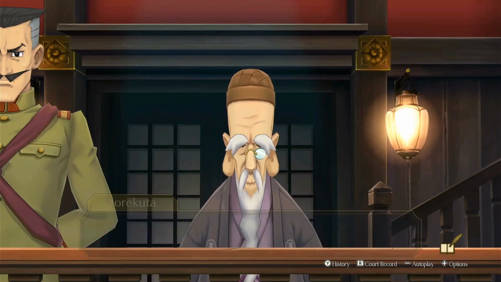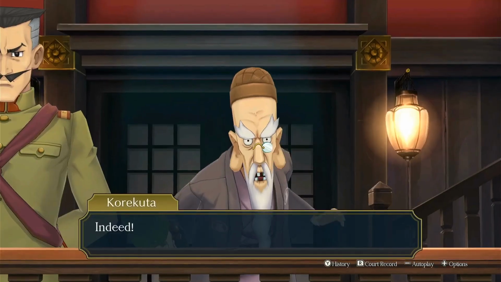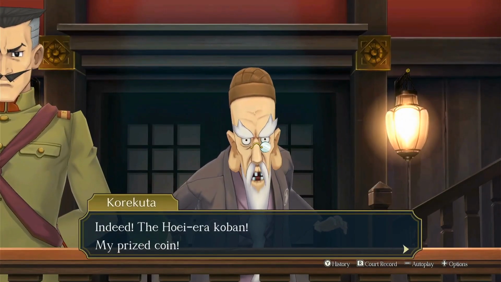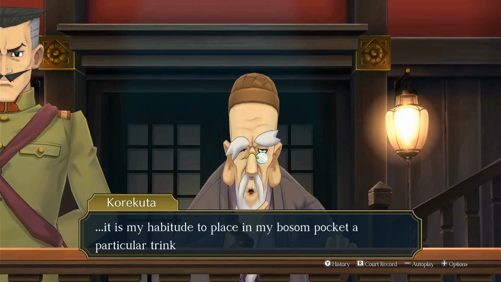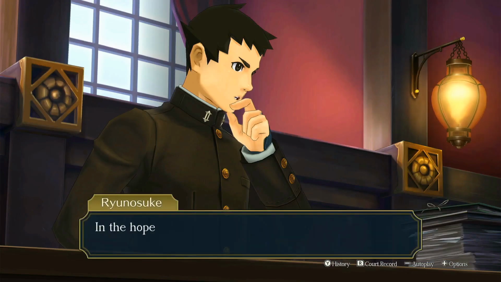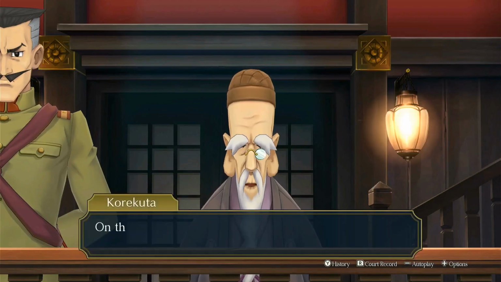Hunting for treasure. Treasure? Indeed, the Huayra Koban, my prized coin. On each occasion when I visit that restaurant, it is my habitude to place in my bosom pocket a particular trinket of interest from my shop, Razute. In the hope of meeting a rich diner who would like to buy it from you.